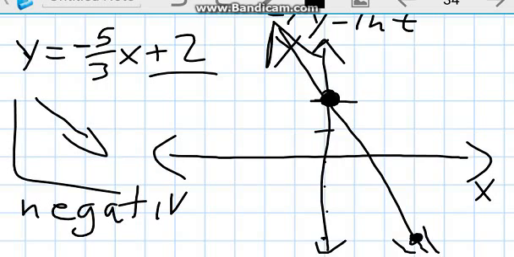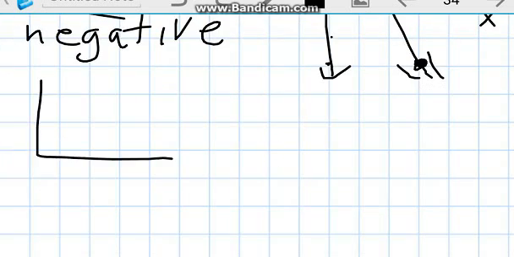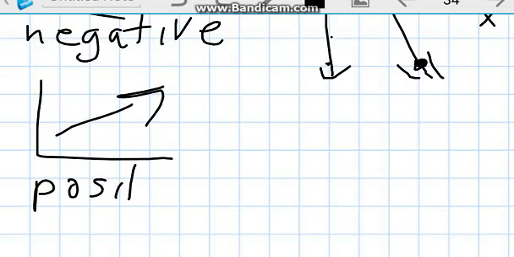So this is a negative slope, so it's going to point in the downward direction because our slope is negative. You also want to keep in mind that a positive slope looks like an airplane taking off. And remember, you always want to look at the drawing of the line from left to right.